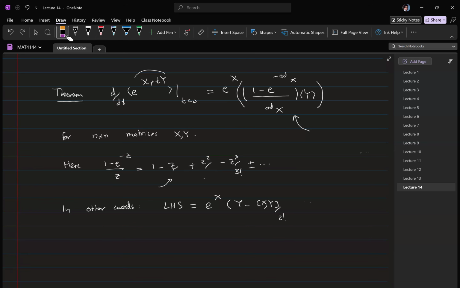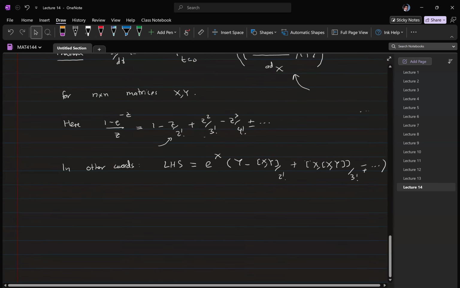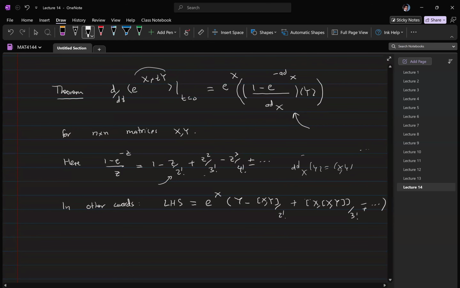Okay, sorry, I think the denominators should be 2 factorial, 3 factorial, 4 factorial. Yeah, I misread what I had written here. Okay. So then plus xy over 3 factorial, minus plus, like this. Okay. As I mentioned, this z is being replaced by ad x. But what is ad x of y? This is just xy. And if I do ad x squared of y, it will be x, xy, and so on and so on.